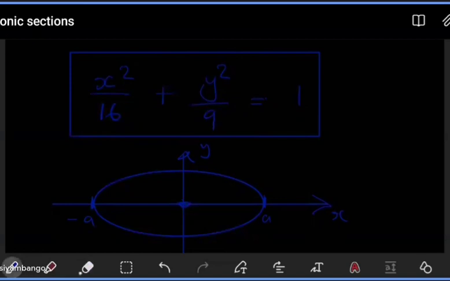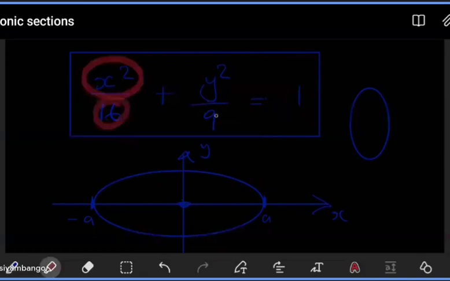By checking the denominators, you can conclude whether you are dealing with an ellipse which is more vertical or more horizontal.